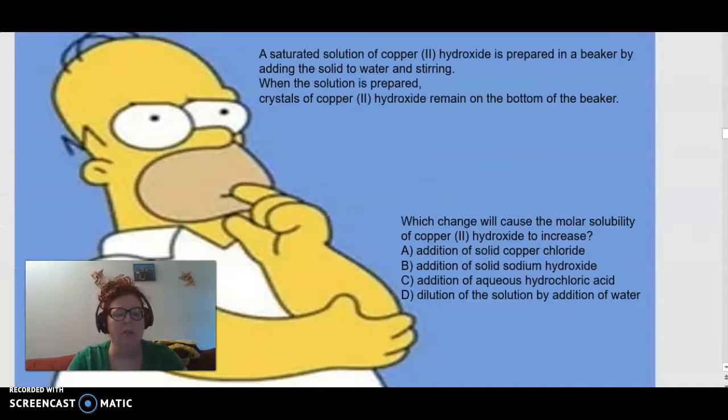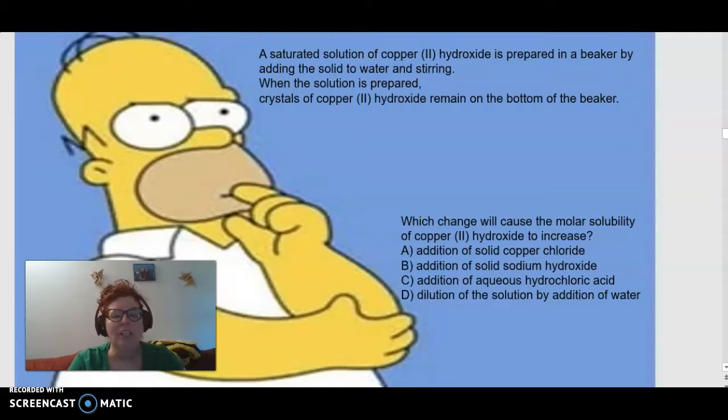Which brings us to Homer's dilemma. This is actually on the test, guys. And I thought it was a little tricky, so that's why I wanted to walk you through it. It says a saturated solution of copper 2 hydroxide is prepared in a beaker by adding the solid to water and stirring.